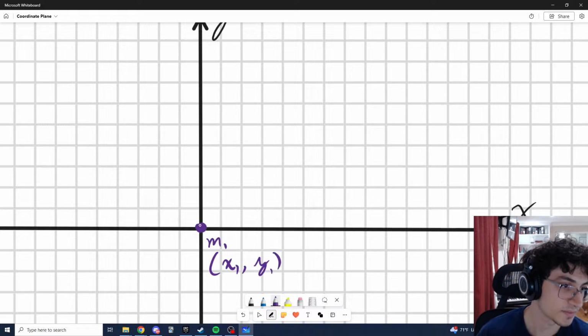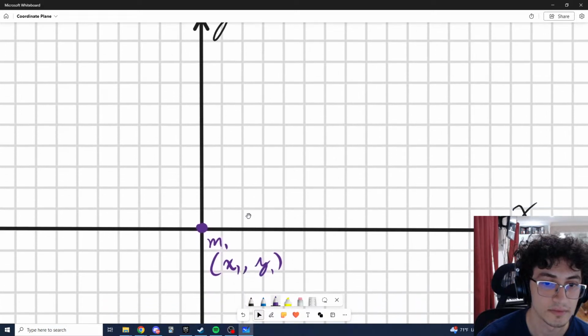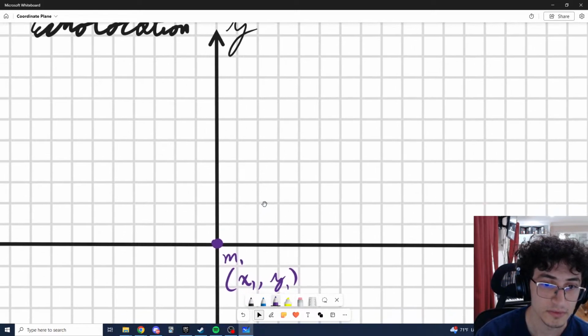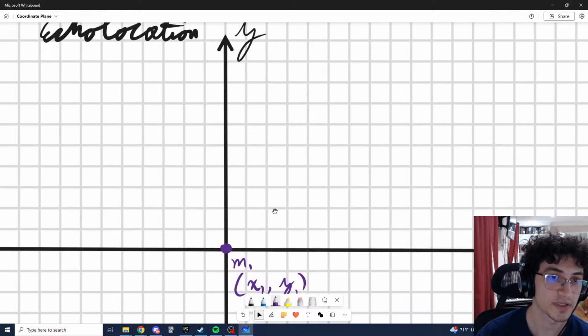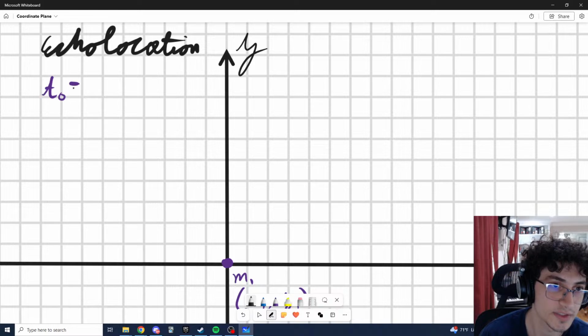In this example, it's going to be 0, 0, but it could be generalized. It could be any point. Okay, so let's say, for example, that I know the clap is happening at time 0. This is when the clap happens.